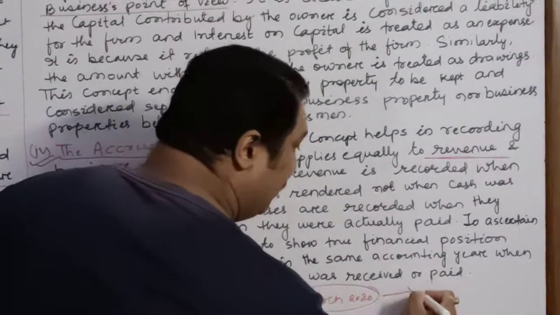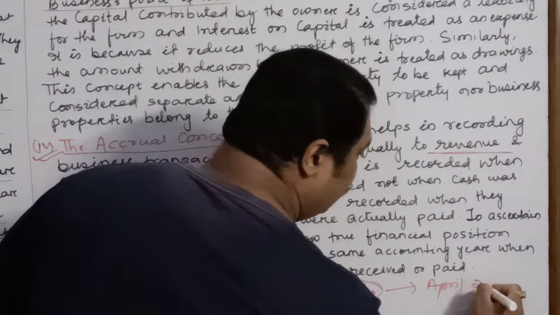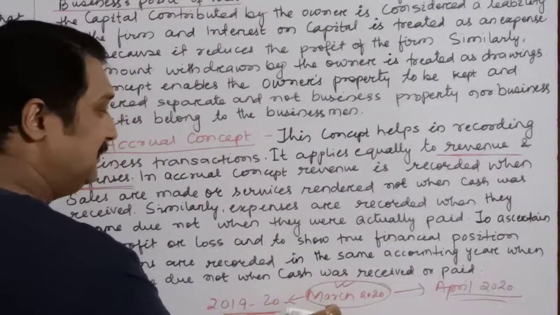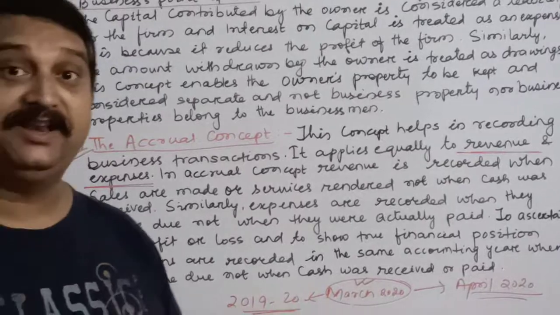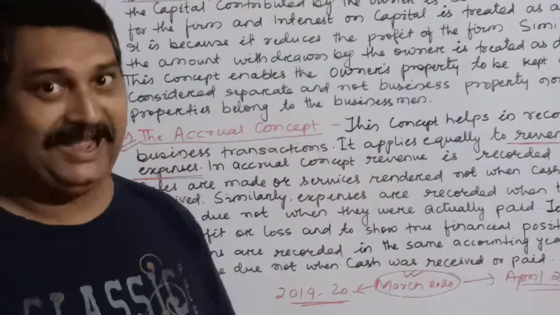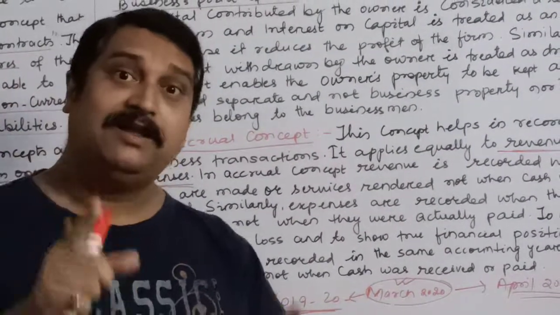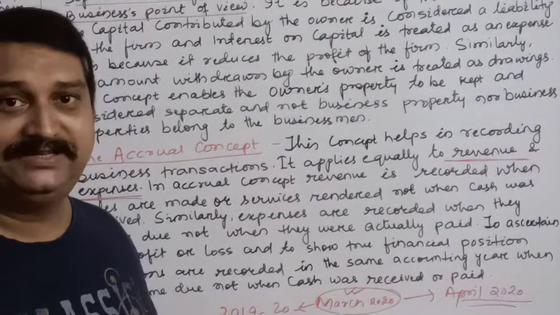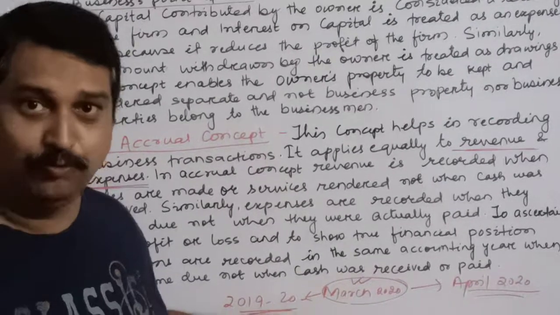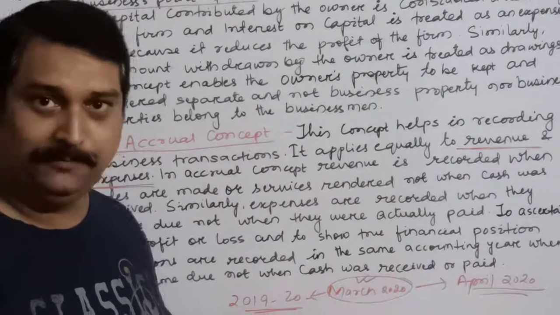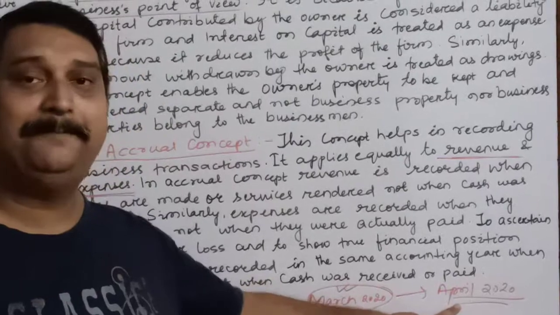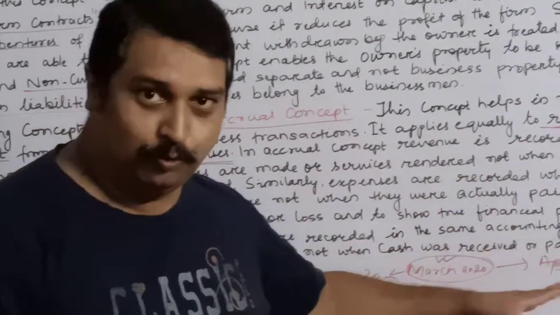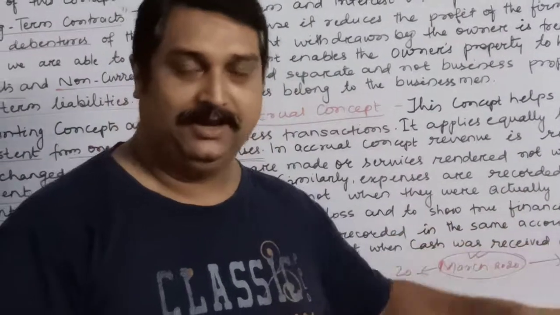Even if it was paid in April 2020, it will be said that in March 2020 salary was due. It was not paid, but it was due. And you will have to pass an entry in the month of March 2020 saying that salary is due, it is outstanding, it has not been paid. If it is paid in April, once again there will be an entry passed to record the payment of salary.